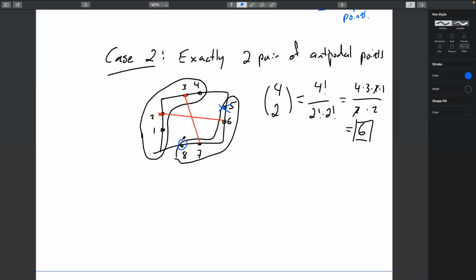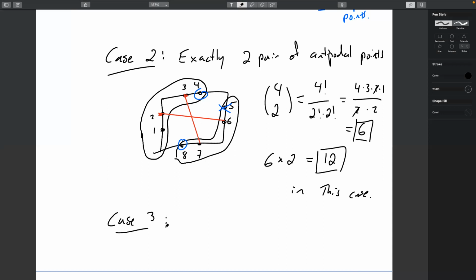So there's 2 choices there. So 6 times 2 equals 12 in this case. We can't have exactly 3, because if we've got symmetry, the 3 is going to give me all of them, right? So the last case is all antipodal points connected, and there's only one of those, right?